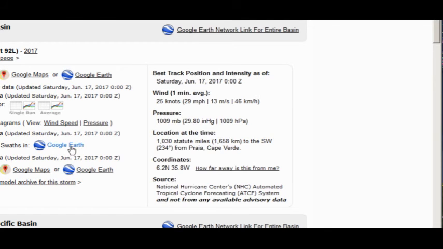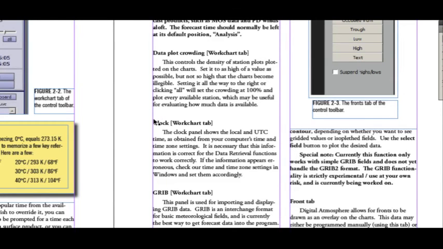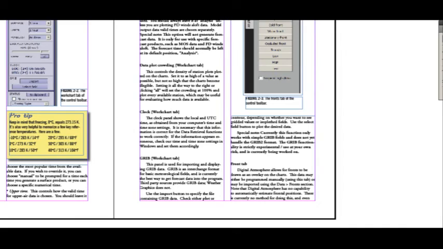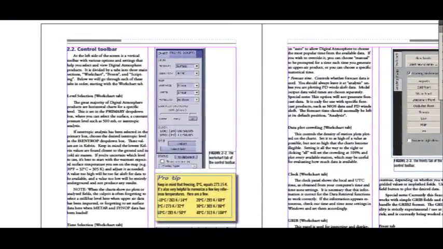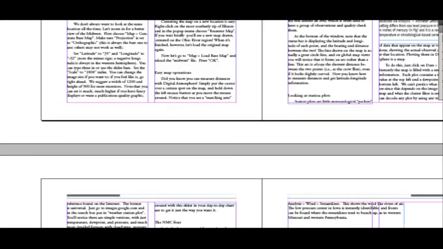I'm going to have to bring up InDesign here. This is where I do most of my book writing work. I'm going to give you a sneak preview of the digital atmosphere manual that is under development. So let me bring that up here. Because I figure a program like this needs good documentation, and this is the manual coming together here.